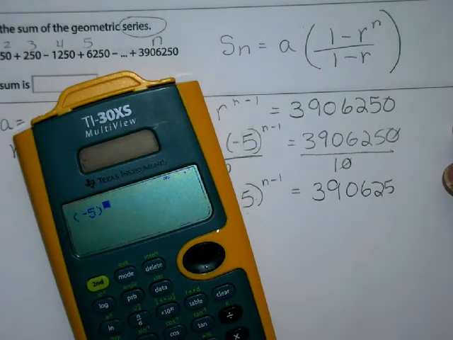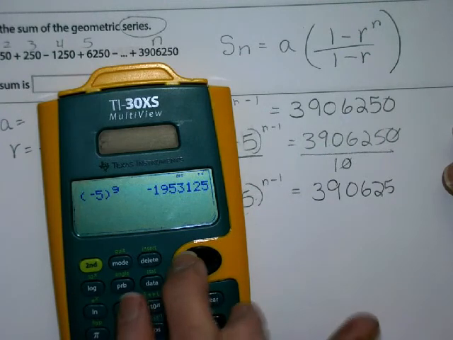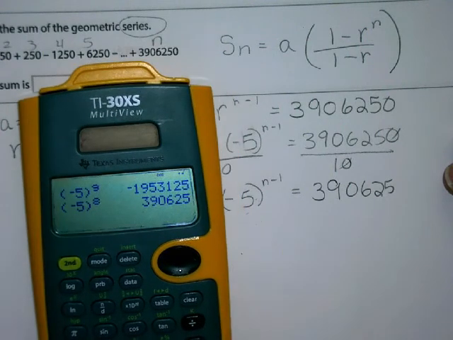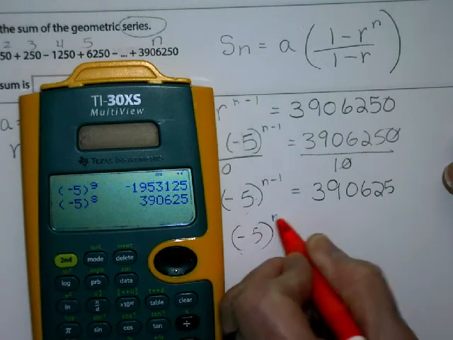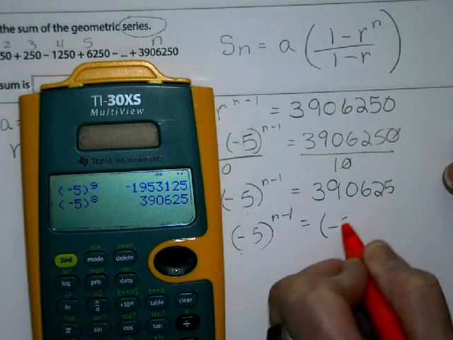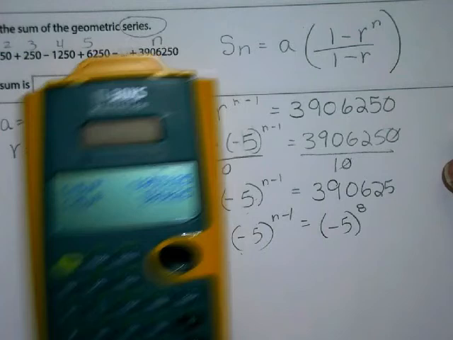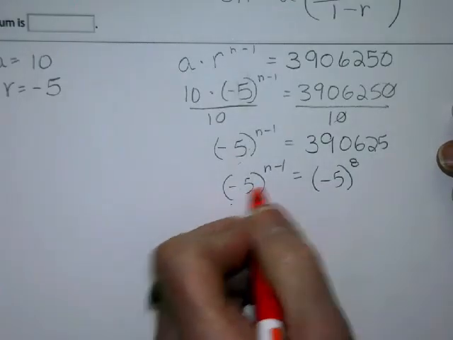I'm going to take a chance and guess it's negative 5 to the 9th power, maybe? Nope, too much. So I go back, maybe 8th power. Oh, duh, has to be an even power. So my negative 5 to the n minus 1 is negative 5 to the 8th power.